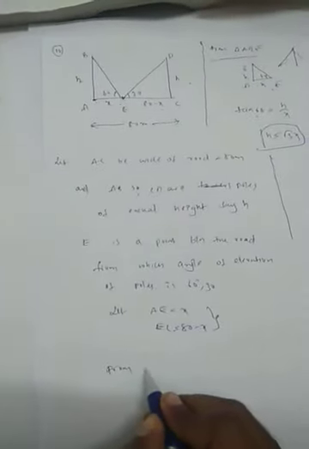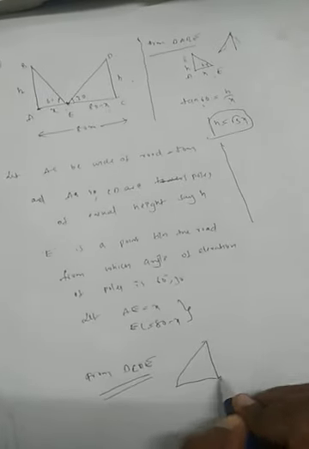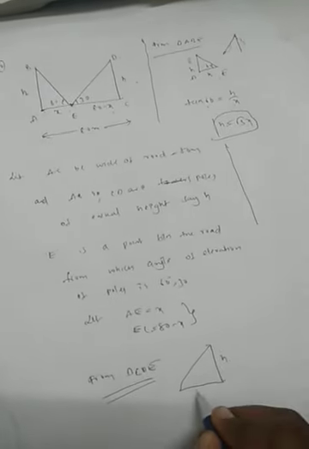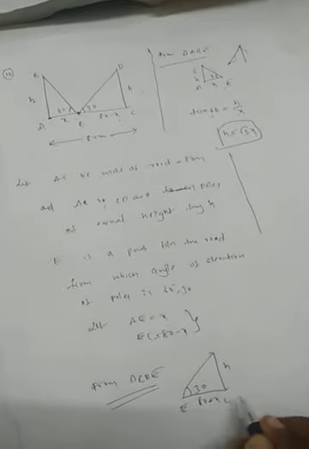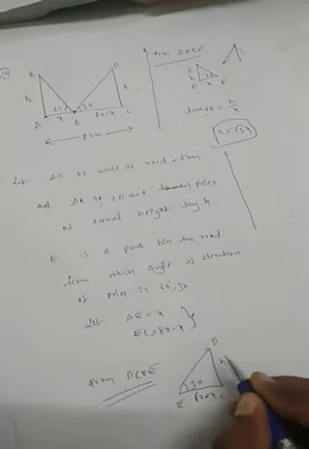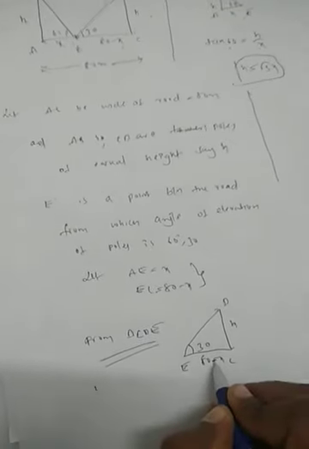Next I am taking triangle CDE. Here the sides are h and 80 minus x, and the angle is 30 degrees. So tan 30 is equal to h by 80 minus x. Why am I taking tan 30 only?